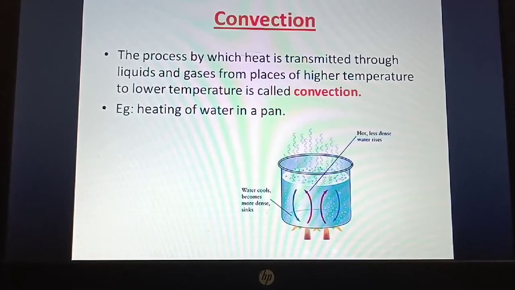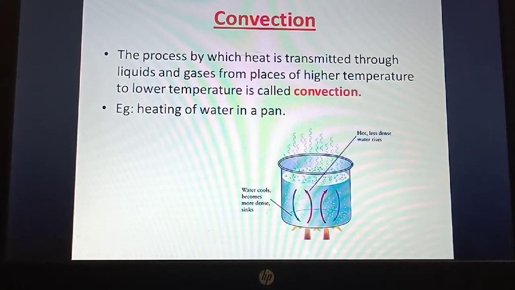Next is convection. What is convection? The process by which heat is transmitted through liquids and gases. Conduction we have seen, that happens in solids, and from the hotter to the colder end the heat is transmitted. Here the heat is transmitted through liquids and gases from higher temperature to lower temperature. That is called convection.